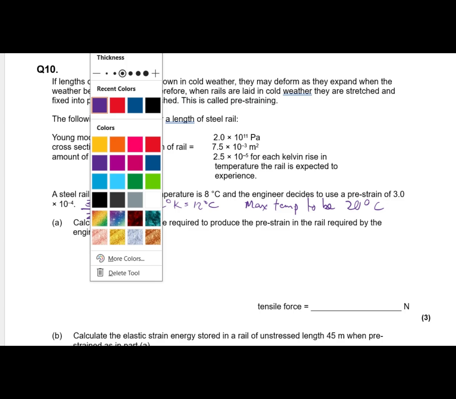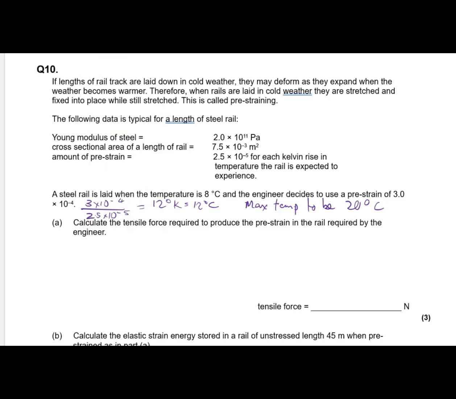So maybe we're going to use that later on. So let's have a look. Calculate the tensile force required to produce the pre-strain in the rail required by the engineers. They've told you the pre-strain, and we've also got the Young modulus. So we've got to work out force, and the only formula with force is stress equals F over A, and they give you the A. So you just write your formula down.